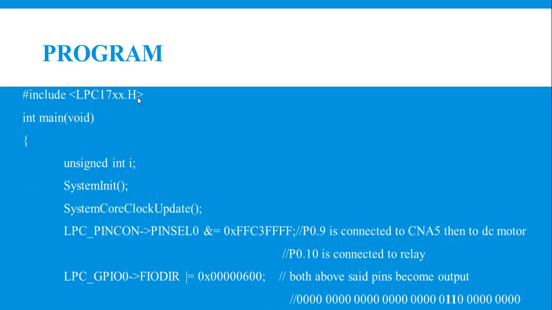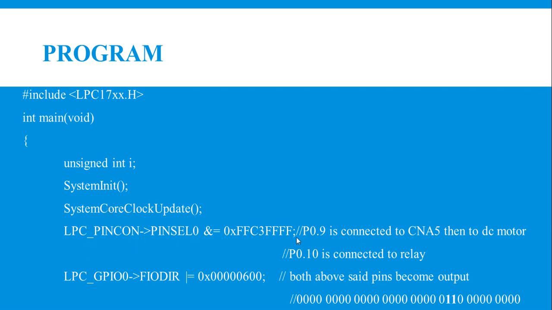So you have to include the header file, and you initialize the main program, and after the main program, if any local variable is required, you can declare it. After declaring the local variable, it is mandatory to call the two system functions, that is SystemInit and SystemCoreClockUpdate. As I told you, these two are CMSIS functions. They are essential to update the clock value.